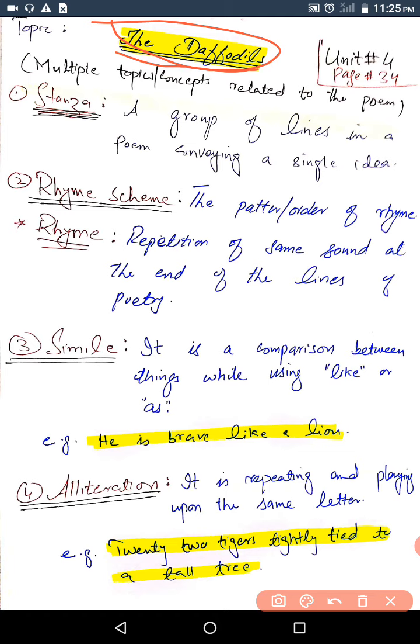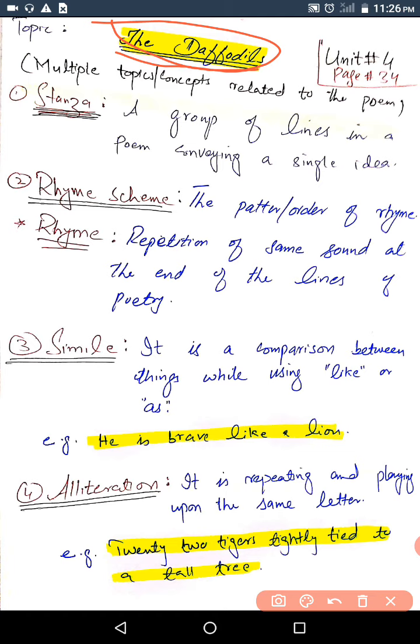Another small concept is rhyme scheme. So it is the pattern, the order of the rhyme. The order of the rhyme is called the rhyme scheme. Now what is rhyme? Rhyme is the repetition of the same sound at the end of lines of poetry.